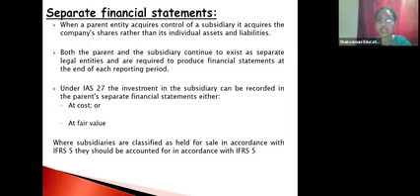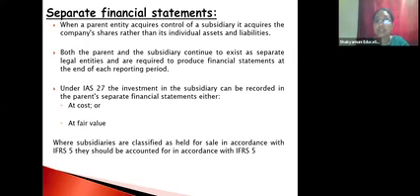So in separate financials, this investment in subsidiary has to be valued at cost or fair value. This fair value concept we will discuss in IFRS 9, where we will discuss what fair value is and what cost is. It is a separate concept. So in separate financial statements, investment in subsidiary will be recorded either at cost or fair value.